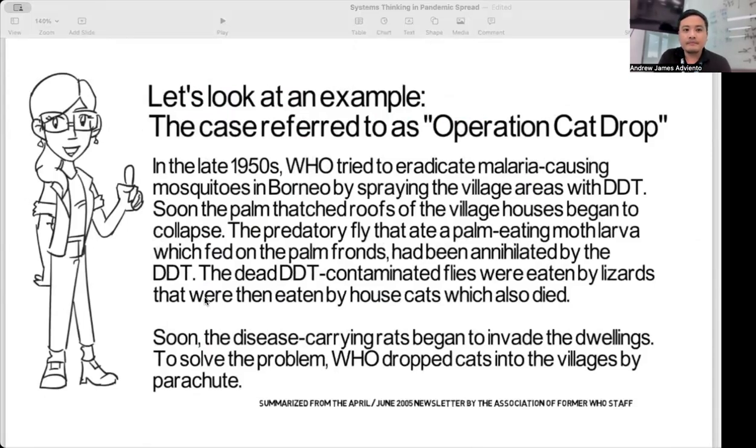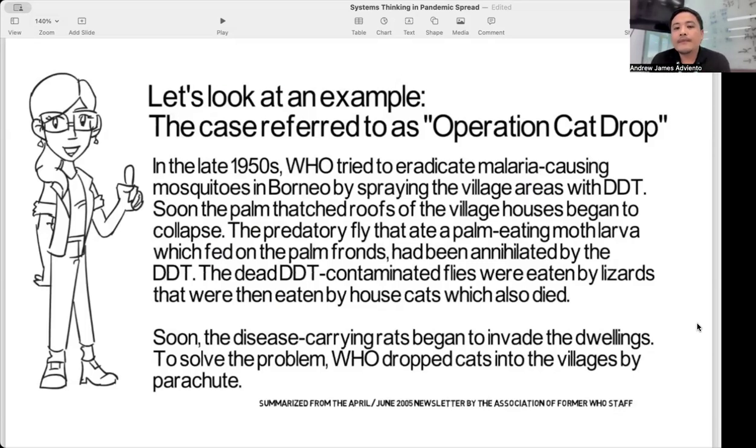So this one is an example of a problem referred to as Operation Cat Drop. In the late 1950s, WHO tried to eradicate malaria-causing mosquitoes in Borneo by spraying the village areas with DDT. Soon, the palm thatched roofs of the village houses began to collapse.